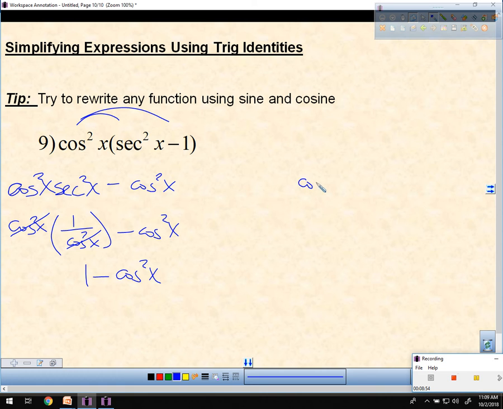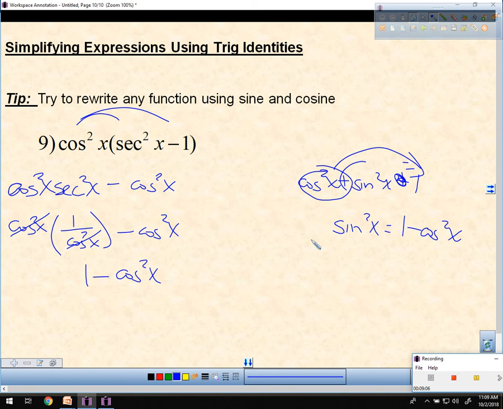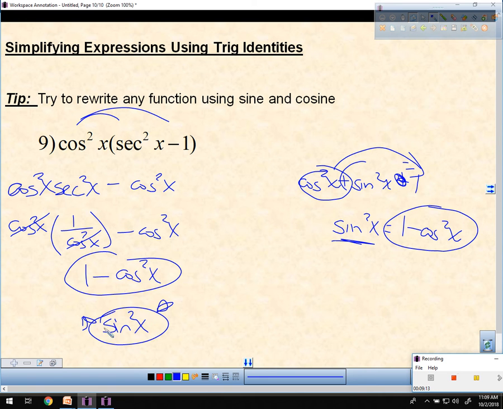And I think, again, that's the same identity every single time. Cosine squared plus sine squared is equal to 1. If I manipulate this by moving the cosine squared over, I would get sine squared of x is equal to 1 minus cosine squared of x, which is what I have. So that's automatically equal to sine squared of x. And that would be the answer for number 9.